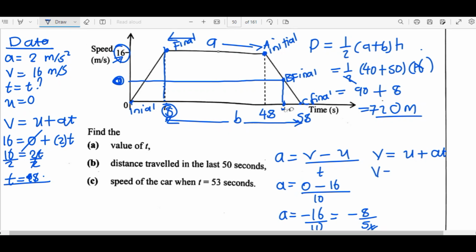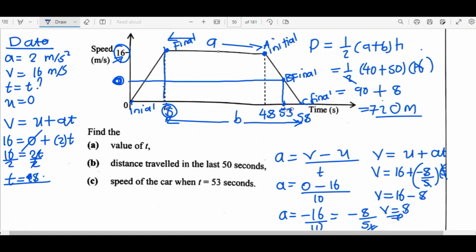Final is equal to initial, which is 16, plus the acceleration, negative 8 over 5, times the time at this point. The difference between 48 and 53 is 5. So this 5 and this 5 cancel. So 16 minus 8 will give us 8. So the final answer is 8 meters per second.